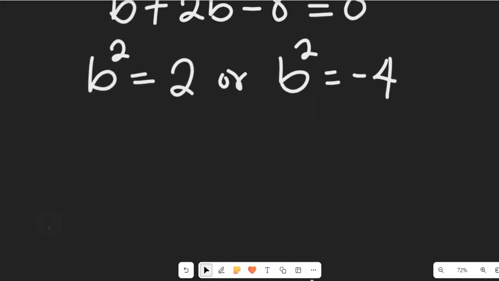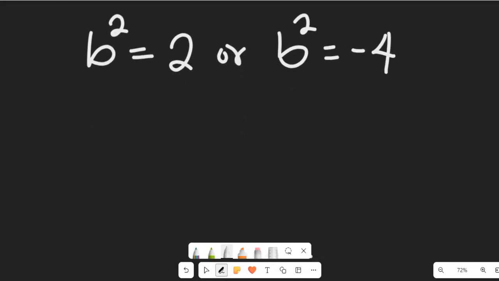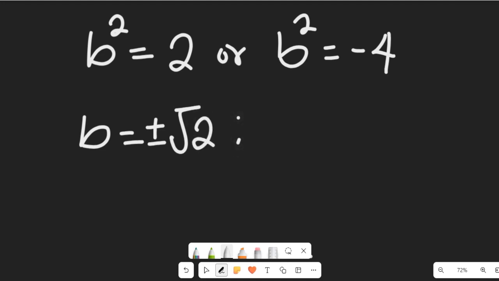So from this expression, the value of b is equal to plus or minus the square root of 2, or plus or minus 2i.